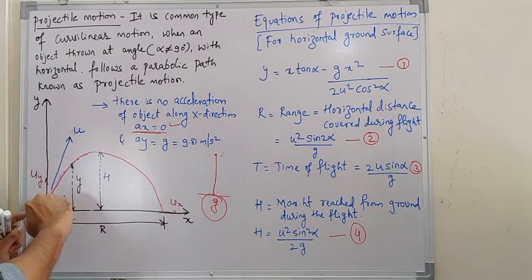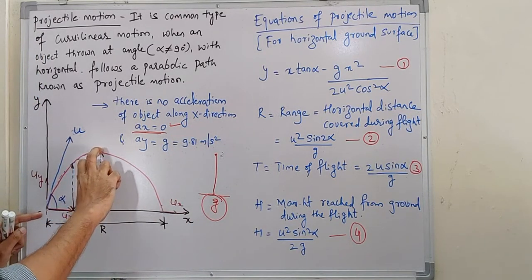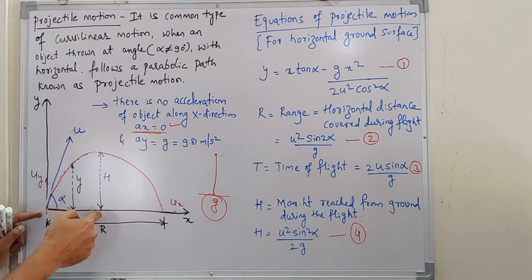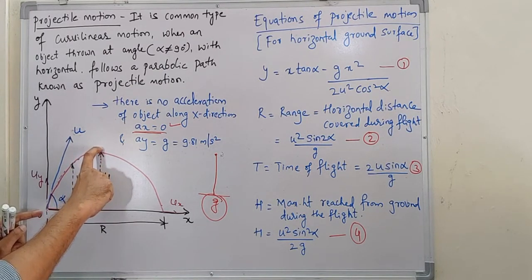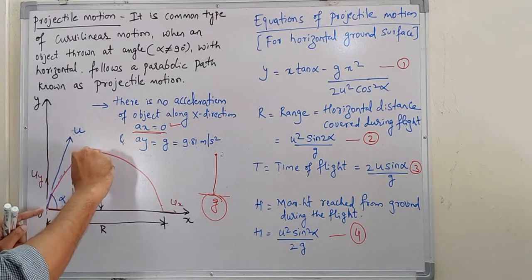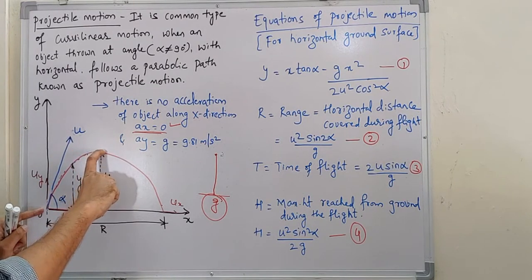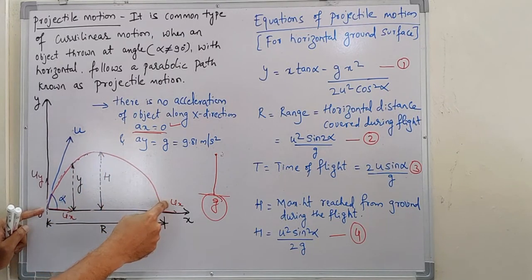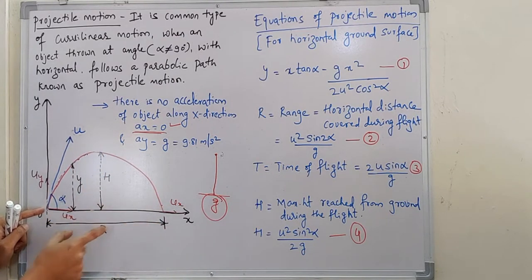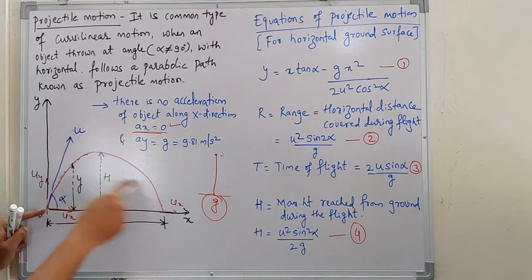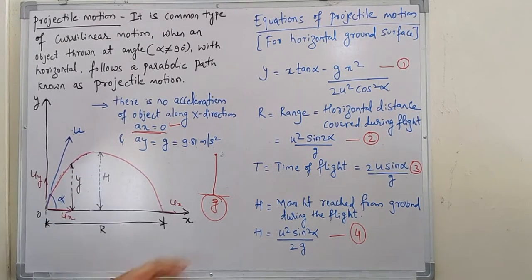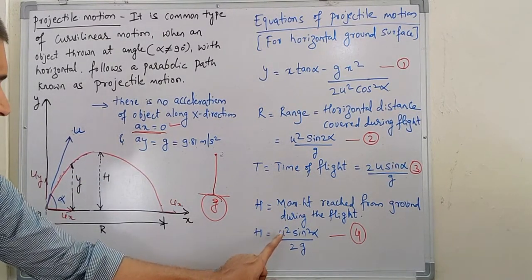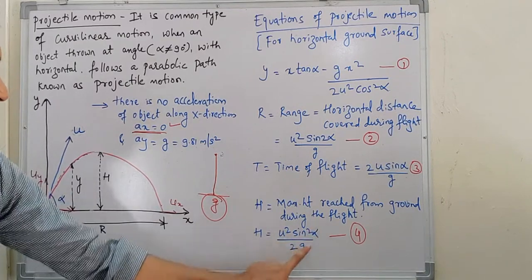Here also, when thrown with some inclination, it continues to move vertically up, reaches the peak height, and then starts returning to the ground. That happens exactly at the center of the horizontal range. That height is denoted by h, and it is calculated as u square sine square alpha divided by 2g.